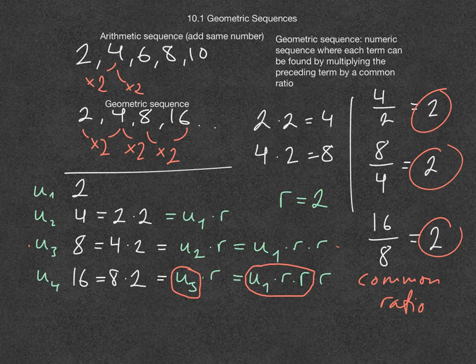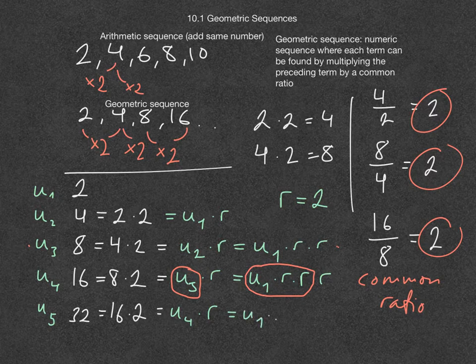Now, if I write a new line here, u5, it's going to be 32. 32 is the fifth term. It's going to be 16 times 2, equal to u4 multiplied with r, which is again u1 multiplied with r, multiplied with r, multiplied with r, multiplied with r.